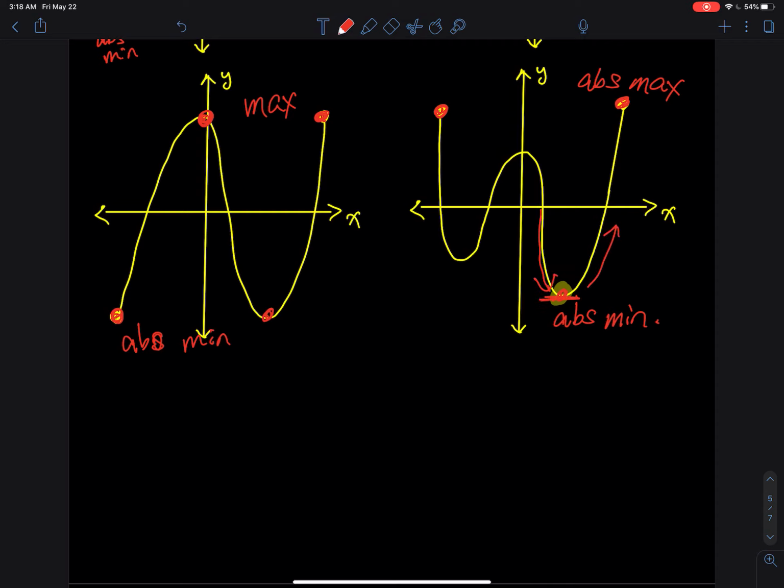So that means I am saying that we have a function, we have a curve, and then we have a point. This point can be the absolute minimum. This point can also be the local minimum. So a point can be an absolute minimum and also a local minimum.